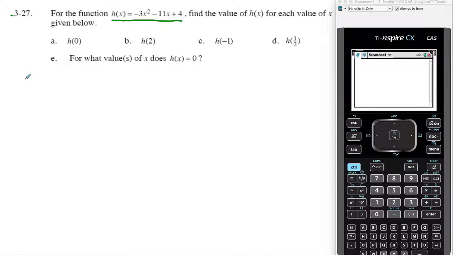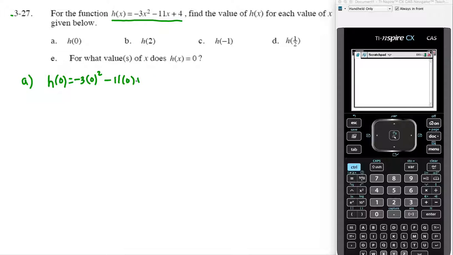So letter A, we are going to swap out our x with a 0. So we're going to say our function h of 0 is going to equal negative 3 times 0 squared. And then we're going to subtract 11 times 0.